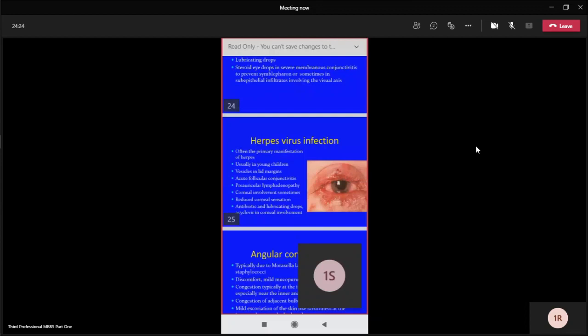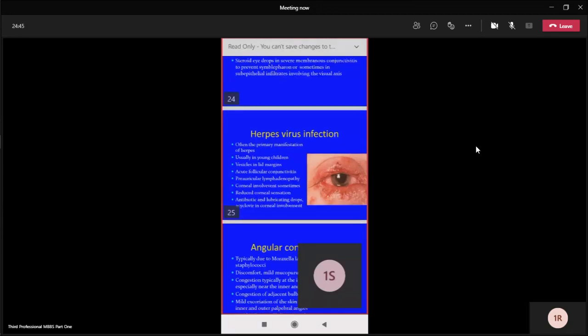Usually in young children, there may be vesicles in the lid margin, maybe acute follicular conjunctivitis with preauricular lymphadenopathy. Sometimes there will be corneal involvement. The corneal sensation is reduced. Antibiotic, lubricating eye drops, and acyclovir or ganciclovir eye ointment 5 times a day for 2 weeks is needed.